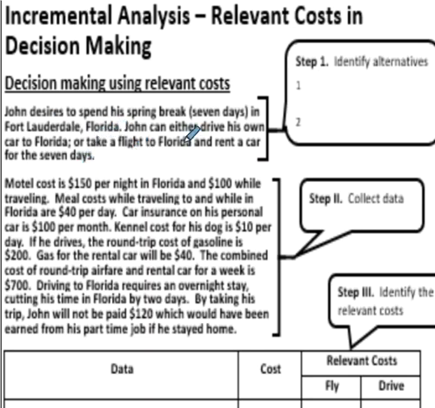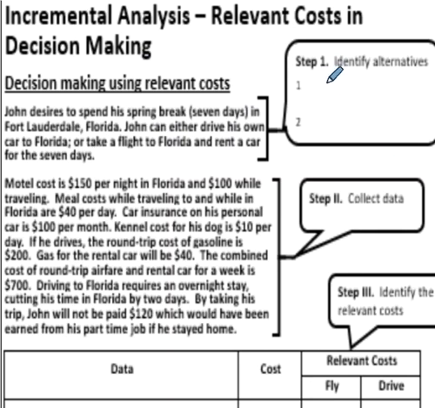John can either drive his own car to Florida or take a flight to Florida and rent a car for 7 days. So now John is faced with two alternatives. John's already made the decision to spend his spring break in Florida, so he has two alternatives, because he is going to Florida one way or the other.